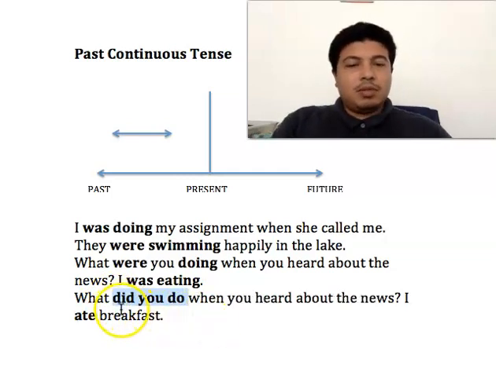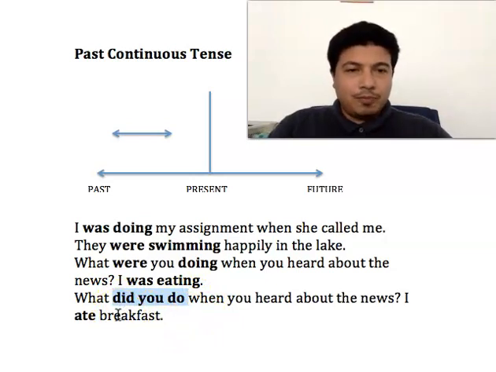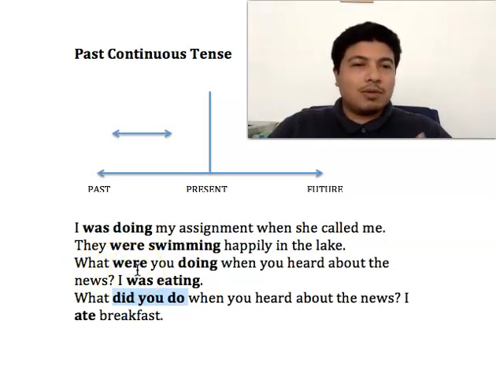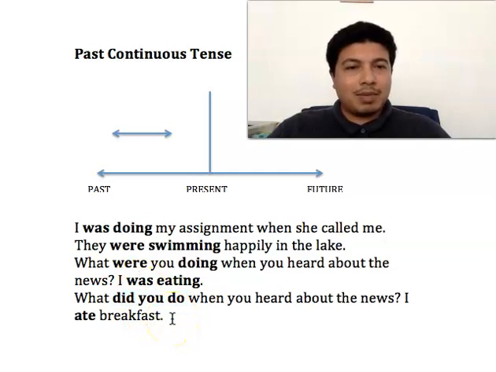So this is simple past tense. What did you do? So both questions can be used, but the focus is different. The focus here is you were in the process of doing something. The focus here is on what did you do? What was the fact about what you did in the past?